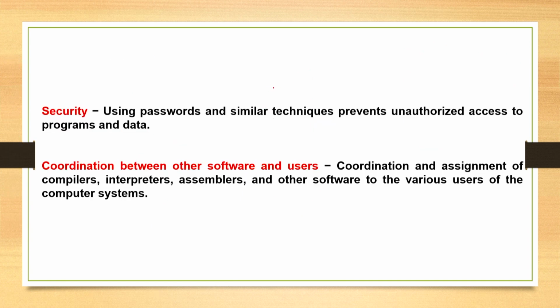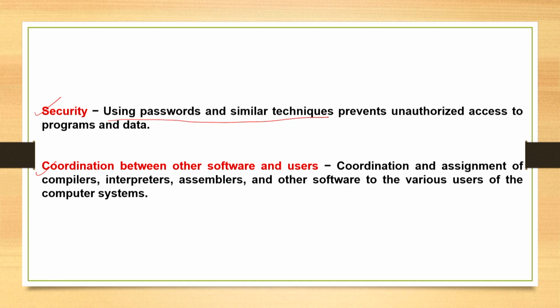Another function of the operating system is security and coordination between other software and users. Security means that by using a password or similar techniques, it prevents unauthorized access to programs and data.